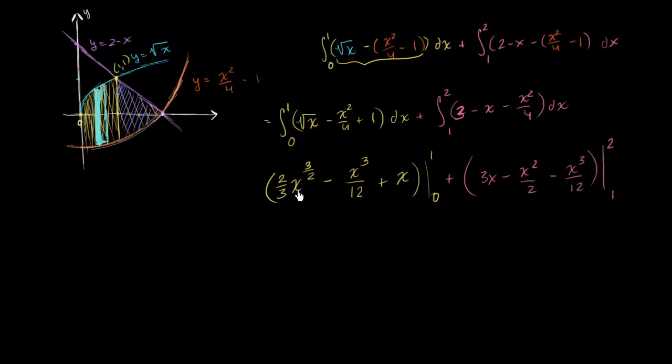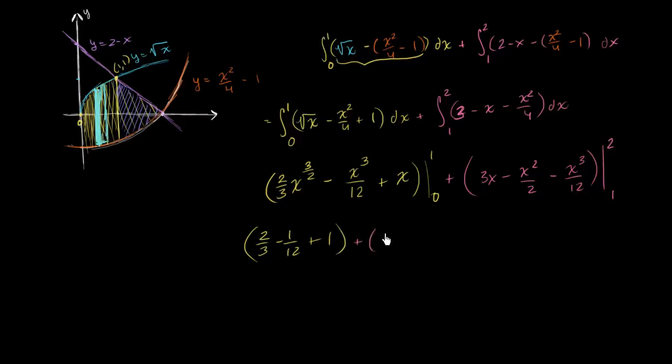Over here, you evaluate all of this at 1 and get 2/3 minus 1/12 plus 1. From that you subtract this evaluated at 0, but that's all 0, so you get nothing. So this is what the yellow stuff simplified to. Then for the magenta stuff, first you evaluate at 2.